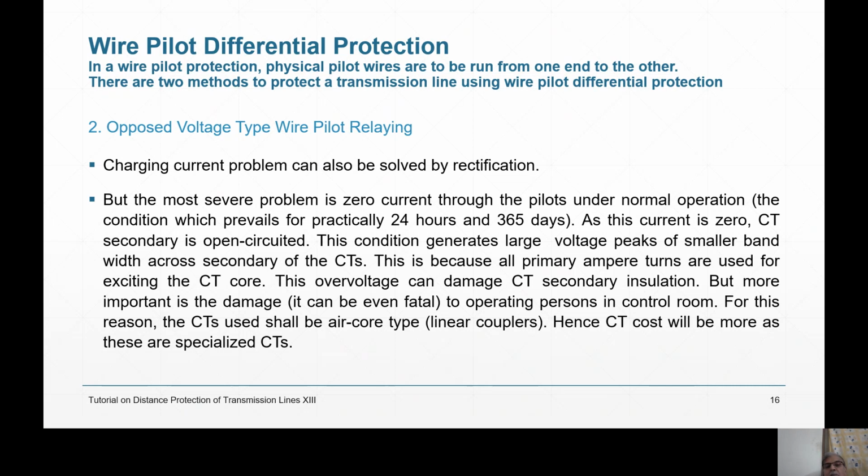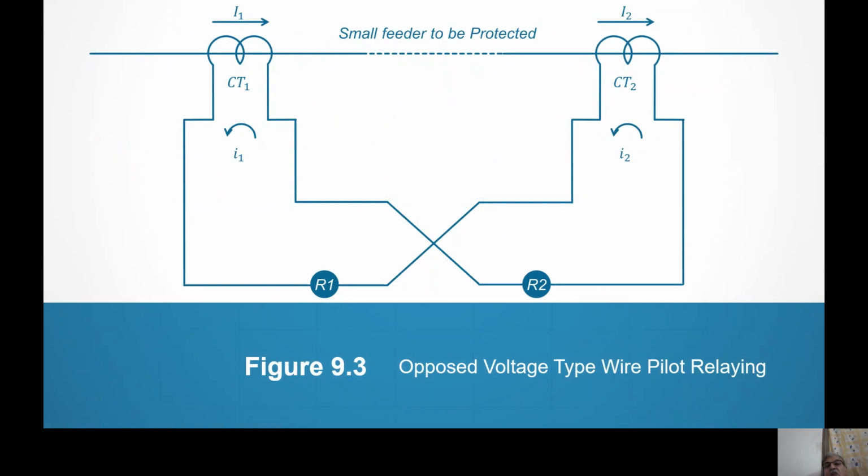Not only that, but a person touching a panel may get a fatal shock. Therefore, very special CTs, known as air core CTs or linear couplers, are required. Simple CTs cannot be used. Therefore, the CTs used in this type of scheme are very costly. That is the problem.